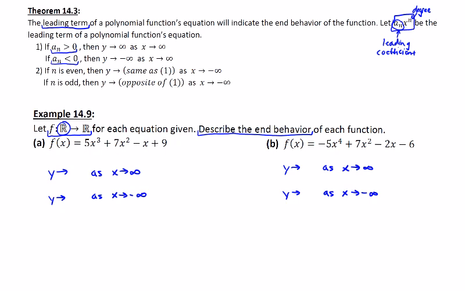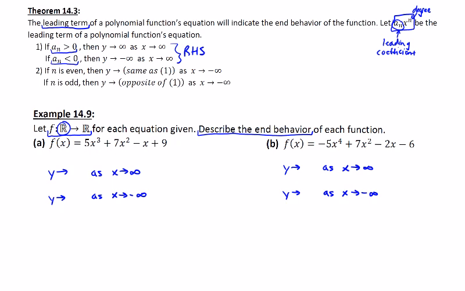So notice that each one of these statements has x approaching infinity. That means that these are both going to help you with your right-hand side. You can use RHS to represent right-hand side. So for the right-hand side, let's talk about part A here.